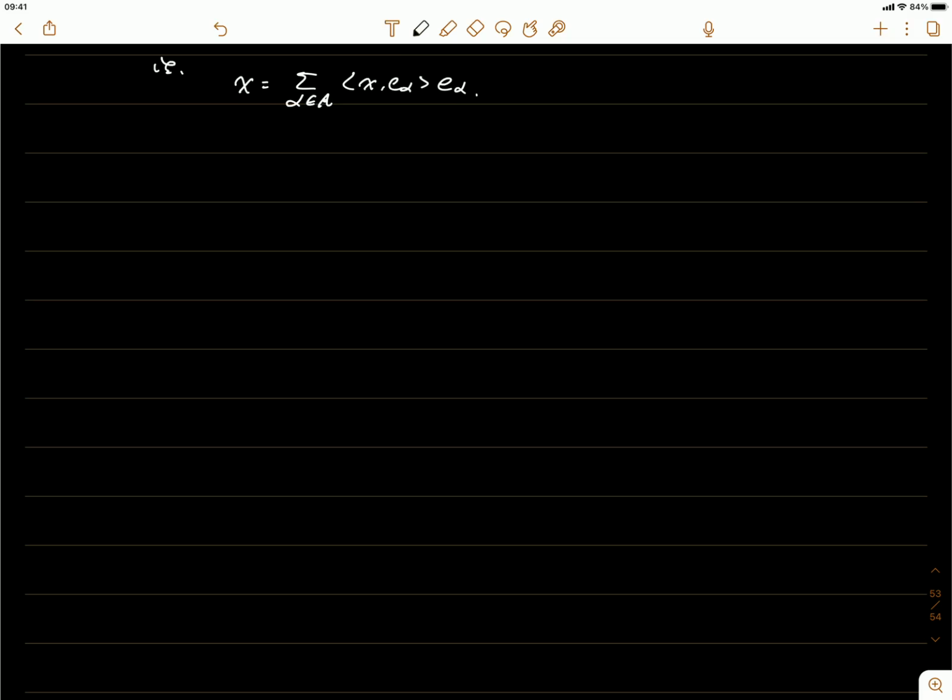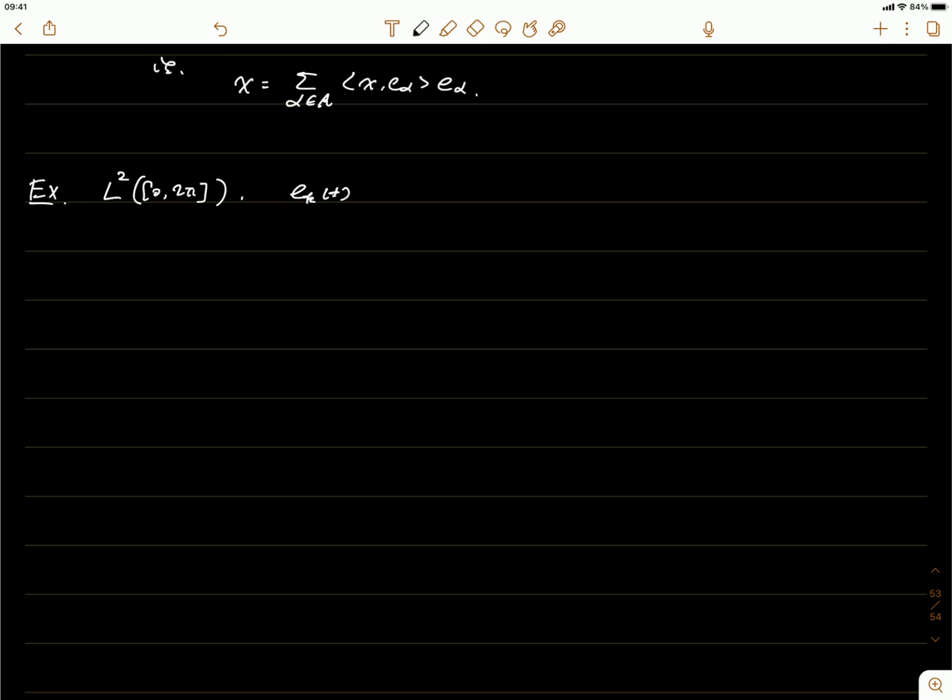Let's look at an example. I think the most famous example would be the Fourier coefficients, or we can interpret it as a Fourier transform. Say we have a function space, the square integrable functions on the interval 0 to 2 pi. Then we can consider the basis e_k.